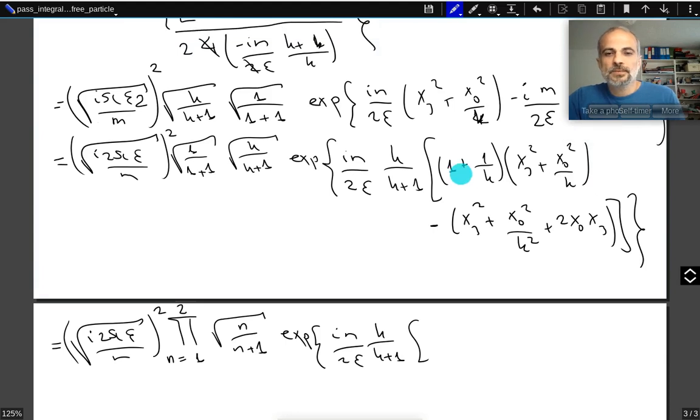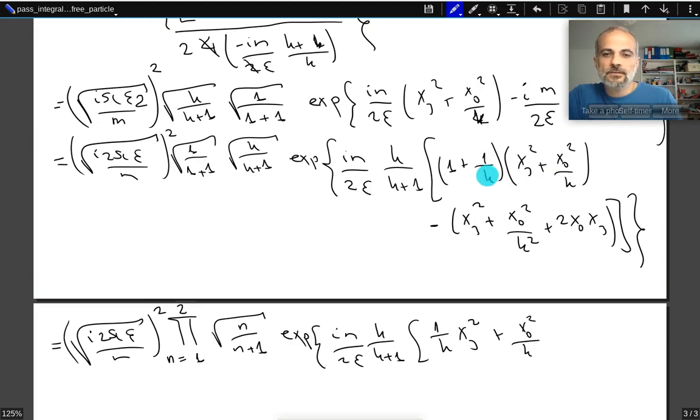Now let me open this parentheses. So I have 1 times x3 squared, that will cancel this x3 squared. So what is left is 1 over k x3 squared. Now let's look at the x0 squared terms. Here I have x0 squared, 1 times x0 squared over k, it will remain.